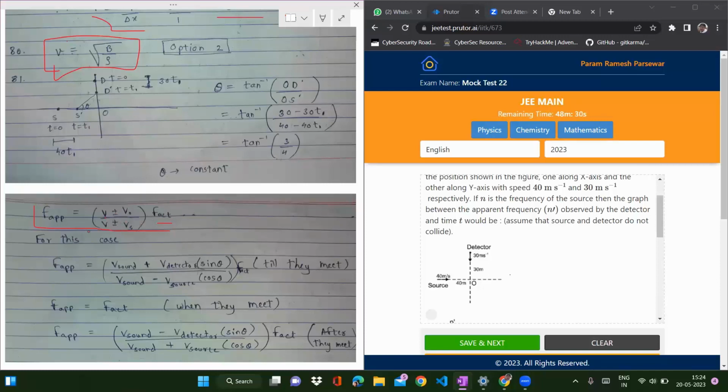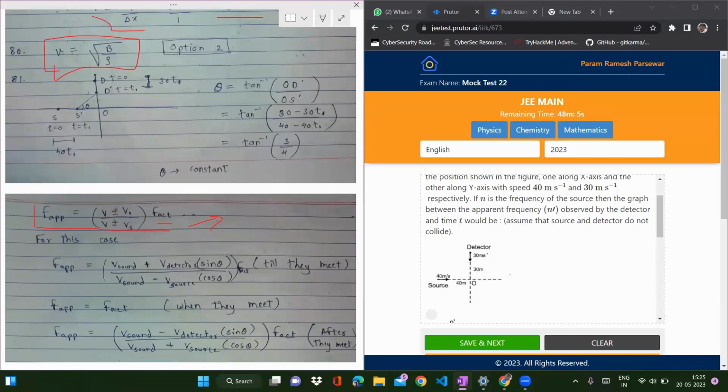So we always remember one thing: whenever the relative motion is such that the observer is coming towards the source, the apparent frequency will increase, and it is obvious and we have its interpretation. So in this case the apparent frequency will increase, so the numerator should increase.